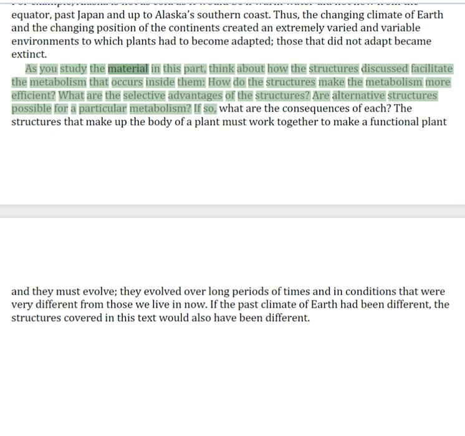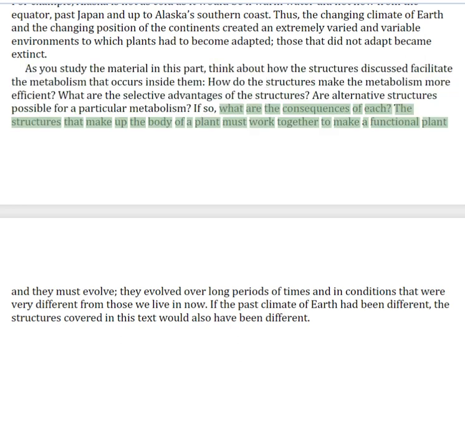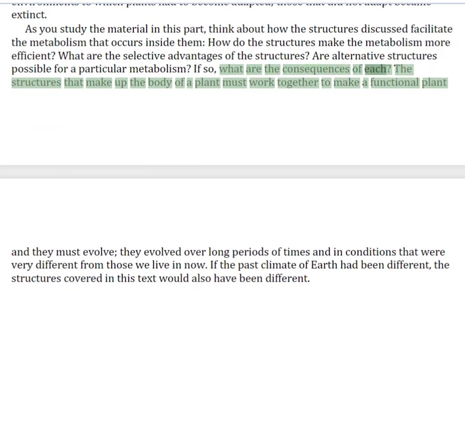As you study the material in this part, think about how the structures discussed facilitate the metabolism that occurs inside them. How do the structures make the metabolism more efficient? What are the selective advantages of the structures? Are alternative structures possible for a particular metabolism? If so, what are the consequences of each?